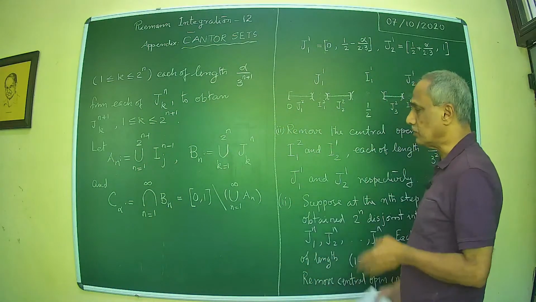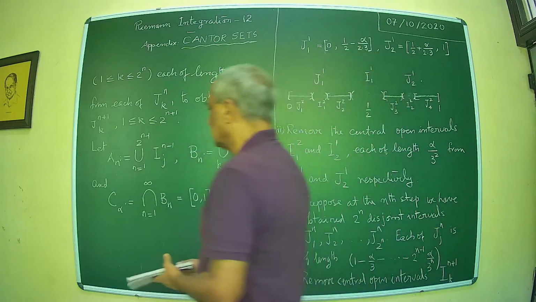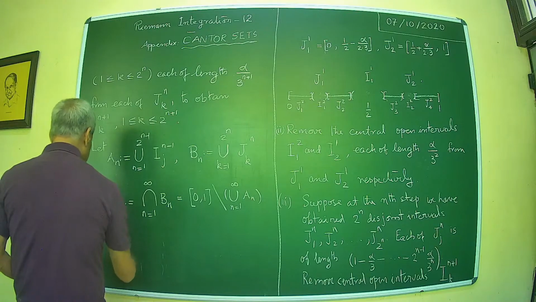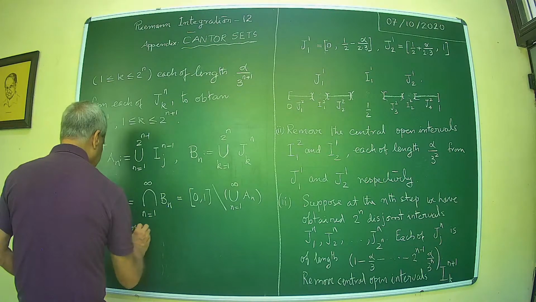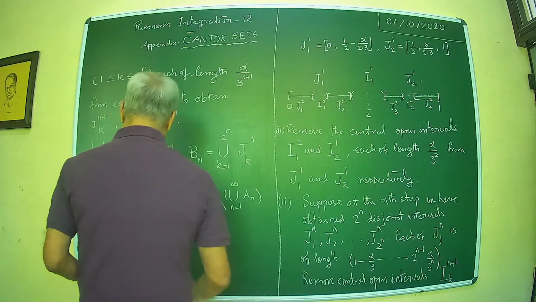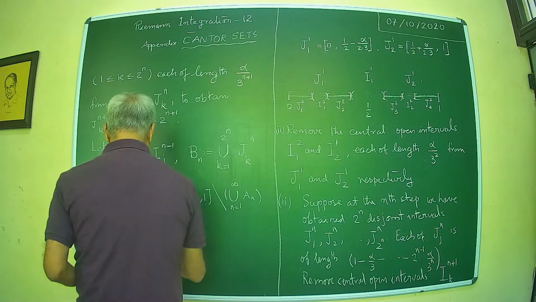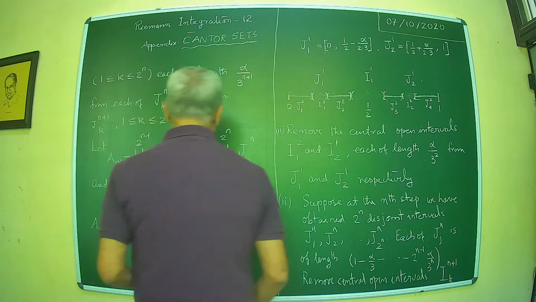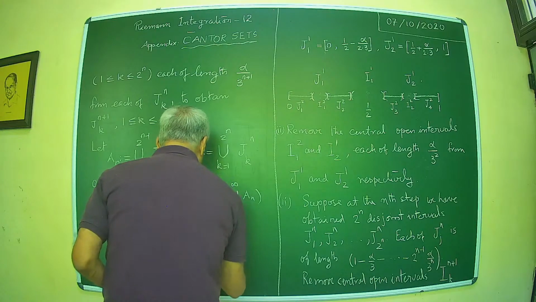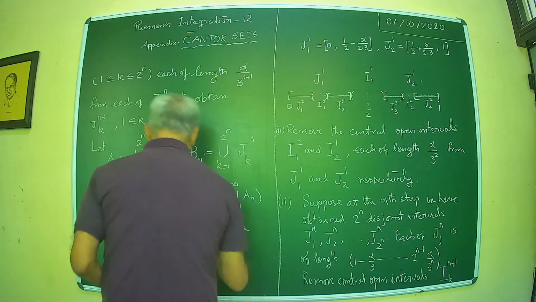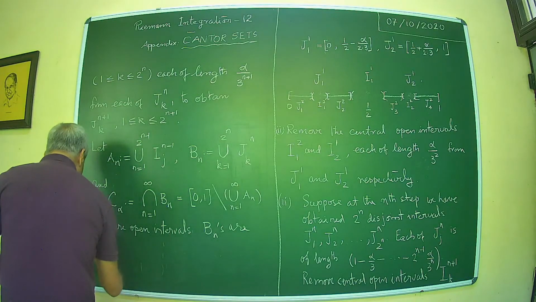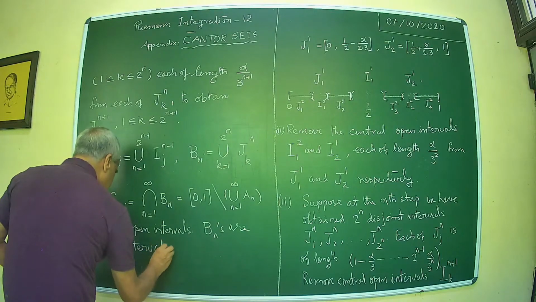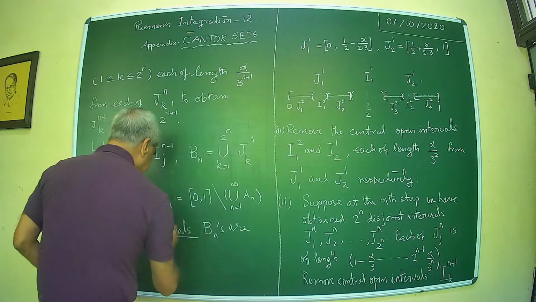Now one of the things that you observe, let us make some observations, is that the A_n's are all open and the B_n's are closed intervals. These are the two observations that we make.